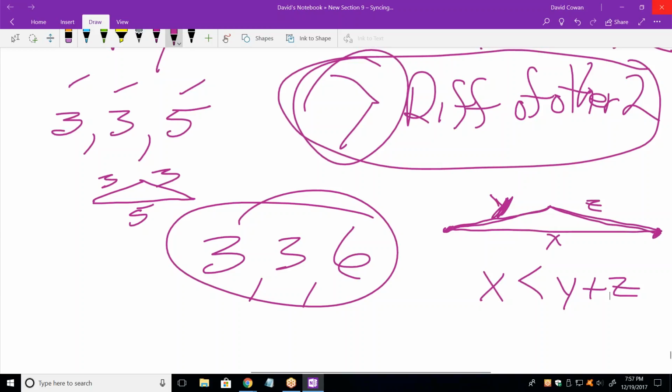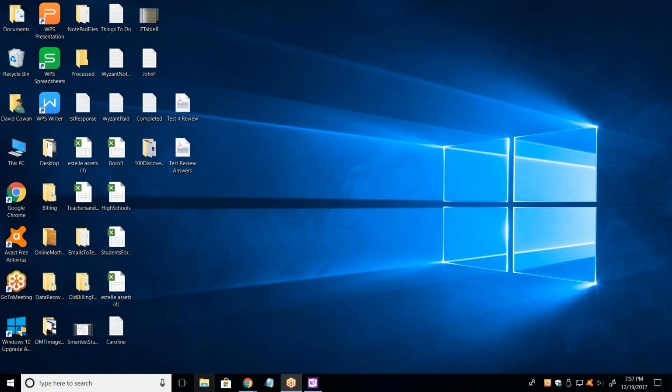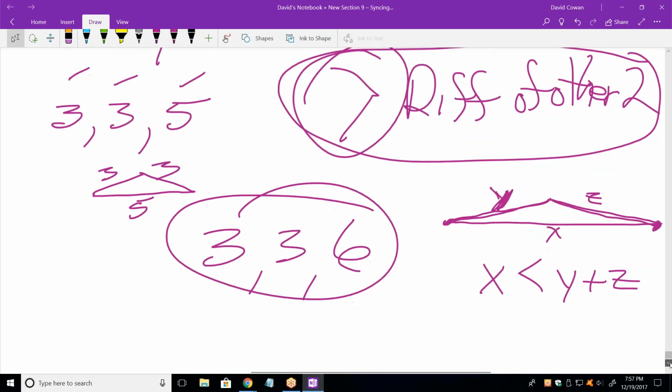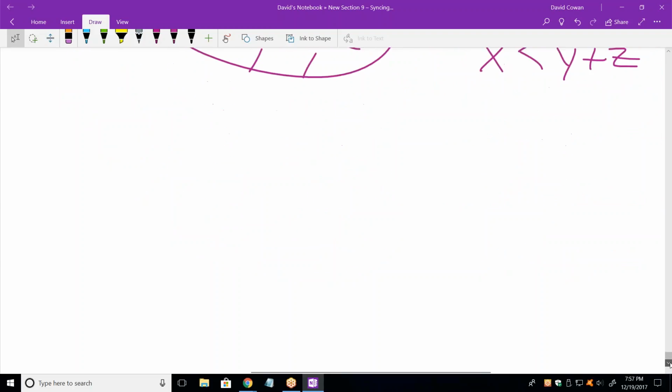Okay. And then, for my important triangles, real quick, it's just 3, 4, and 5, and any multiples of 3, 4, and 5. It's not just 10, 8, and 6. It's 30, 40, 50.